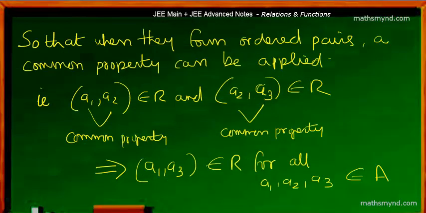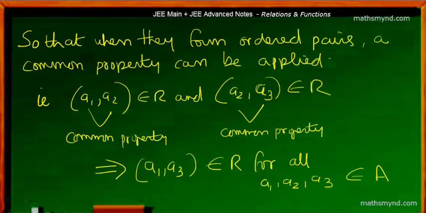So what I just told is that when they form ordered pairs, a common property, a common link-up can be applied. Suppose you are dealing with a relation where the ordered pair is (a1, a2), and another relation, of course it's the same relation, that's why it's not written R2, where we have the two elements (a2, a3).